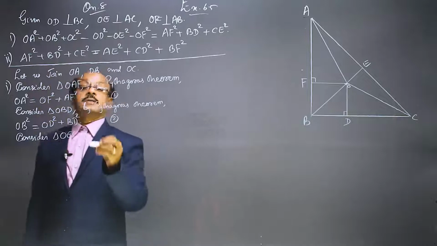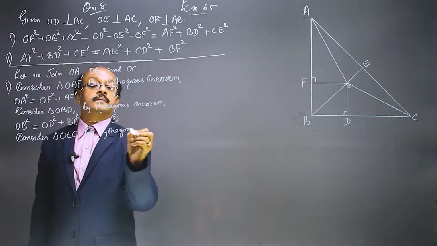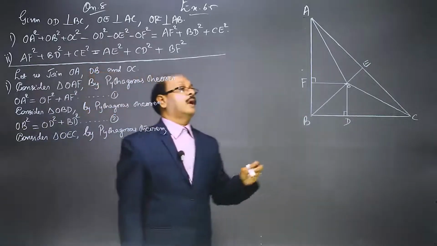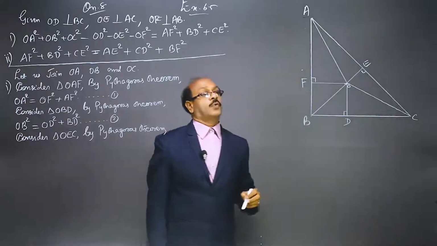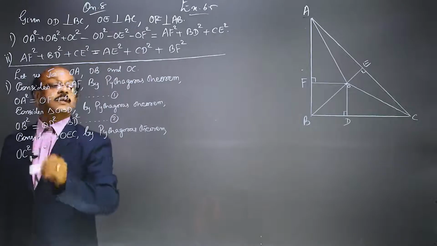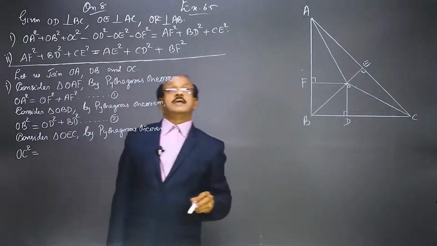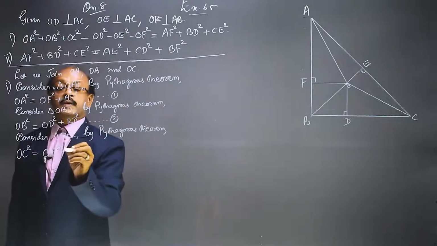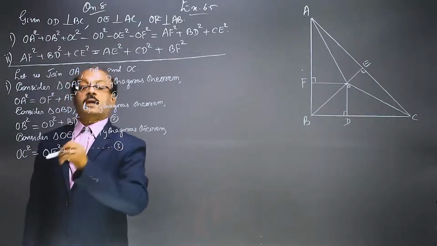Again by Pythagoras theorem, here this angle is 90 degree. Therefore OC is the hypotenuse. So OC square is equal to OE square plus CE square. Name it as equation number 3.